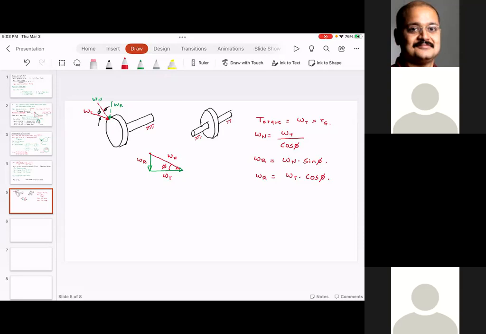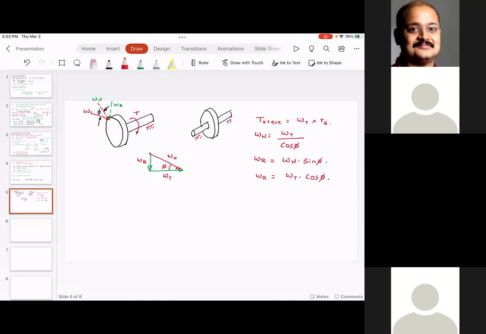Now let's try to understand how you would design the shaft. Because of this complex force action, please note that you have torque and then you have moment.